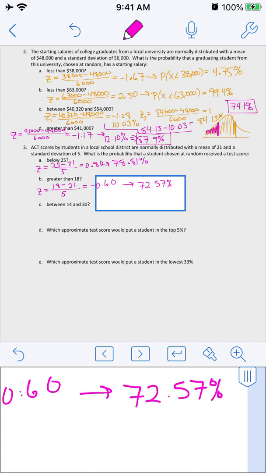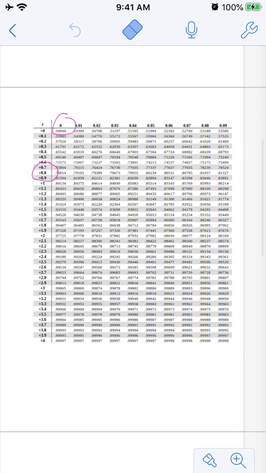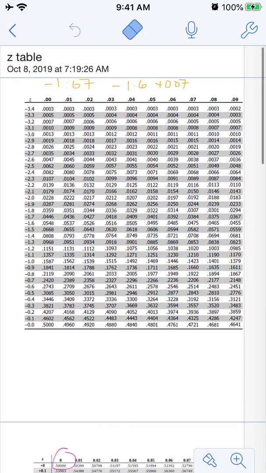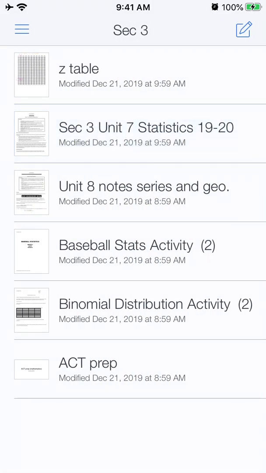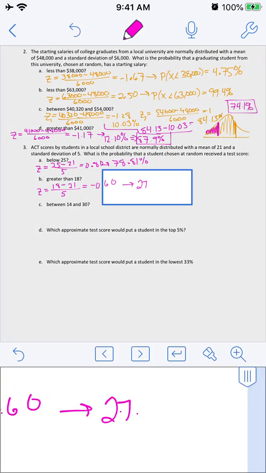But hold on, I want to double check something before I write that down, because negative should be less than 50. Let's go to negative 0.60. Yep, see we get 27.43%. So then where on earth did my key get this 72?